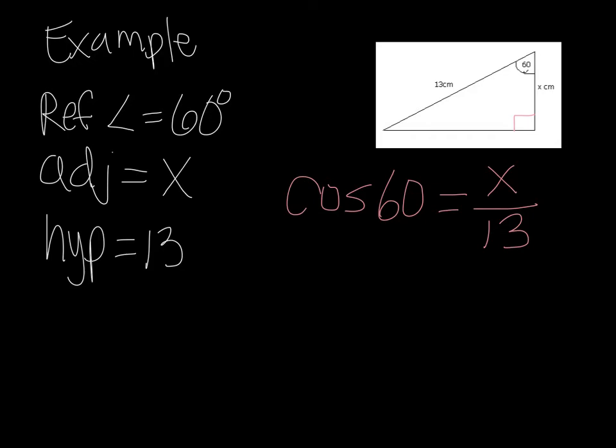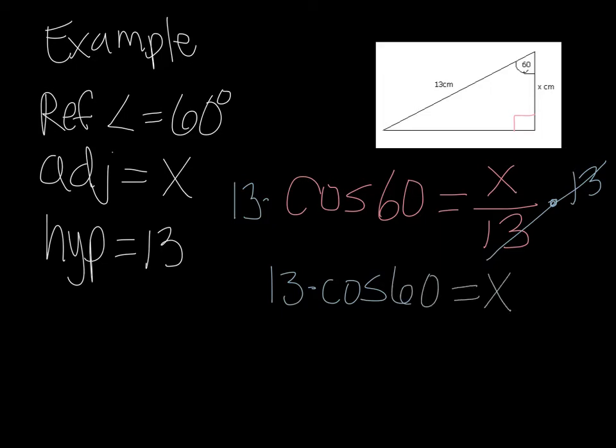We're going to use inverse operations to solve for x. So here we know x is being divided by 13, so the inverse operation is multiplying. And what we do to one side, we do to the other side. These two 13s cancel out, and we're left with 13 times cosine 60 equals x.